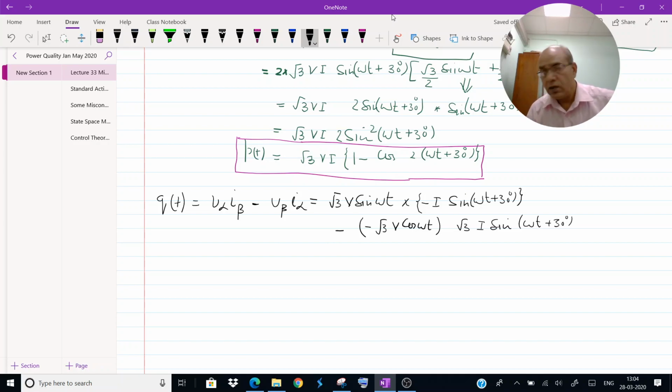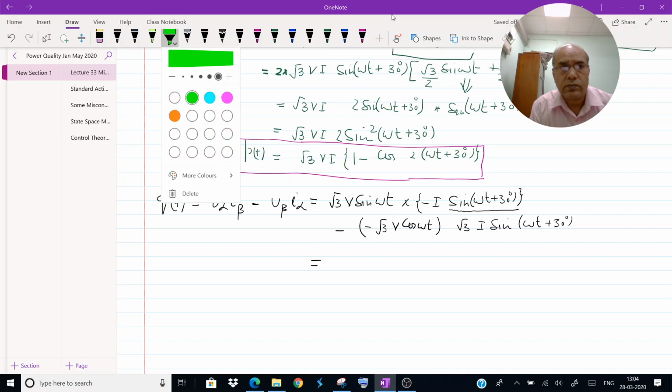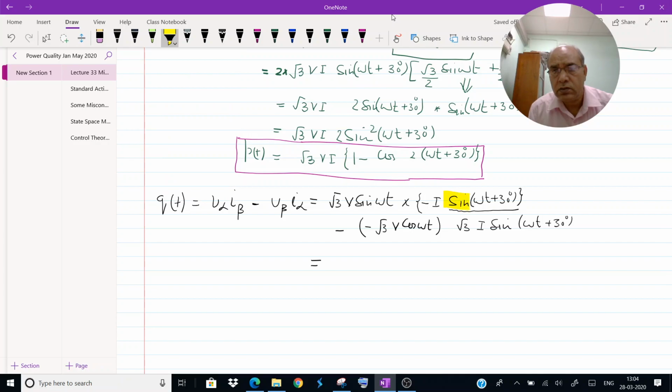Okay, we simplify this. What is common this time? These terms are common, so take this as common.